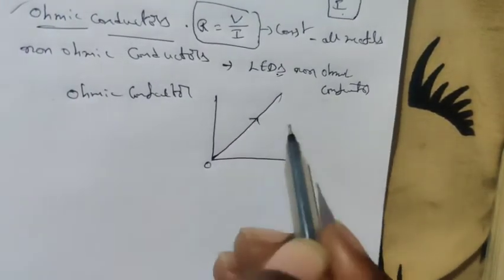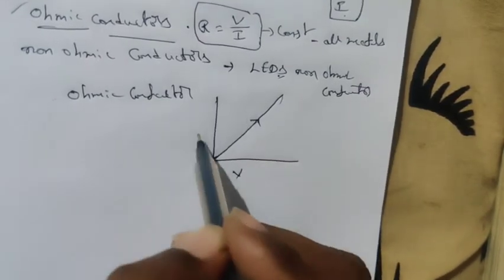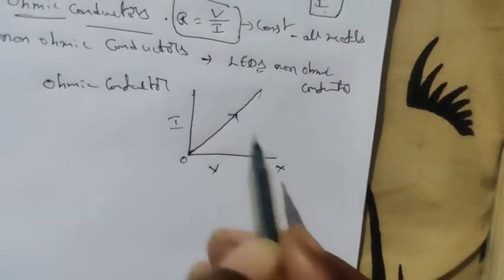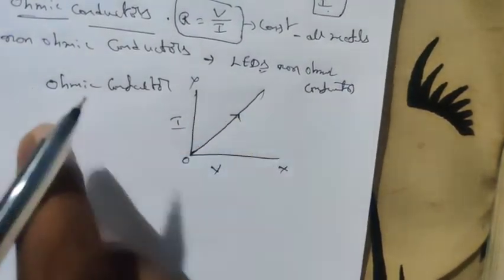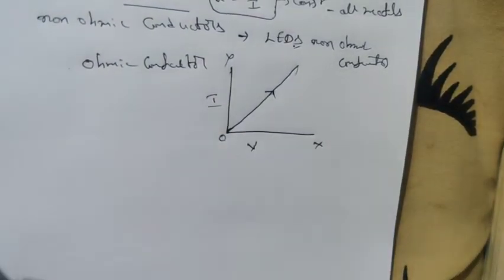This is the potential difference, this is current, x-axis and y-axis. These are ohmic conductors. Non-ohmic conductors means you don't get a straight line passing through the origin.